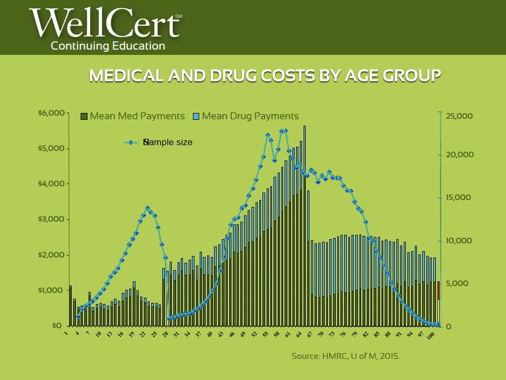Now, remember the line with the light blue and the dark blue boxes, that's the sample size. So it would be ideal if we had a very large sample size across all of this population. But again, this is data that has been pulled together from a variety of employers to give us an idea of what is the level of expenditure that we can expect at different ages in the population.